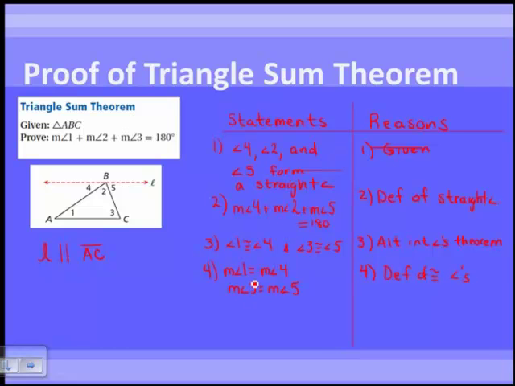And then if I substitute in this equation here at line 2, if we replace angle 4 with angle 1, and if we replace angle 5 with angle 3, we end up with the measure of angle 1 plus the measure of angle 2 plus the measure of angle 3 is equal to 180 degrees. And that would be by the substitution property.